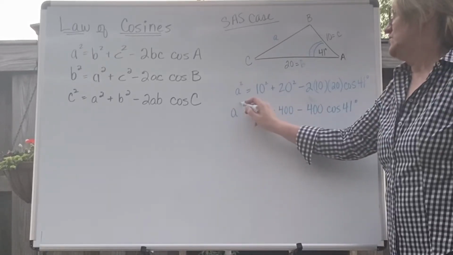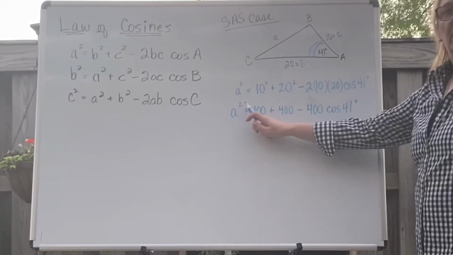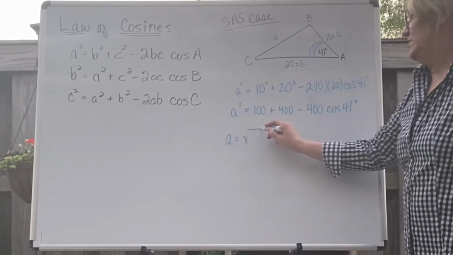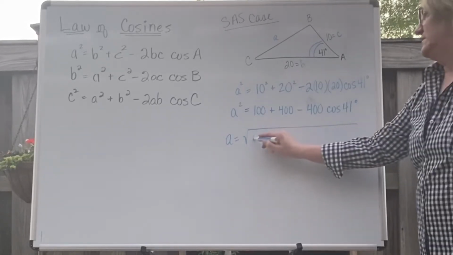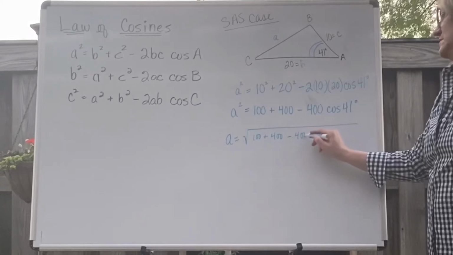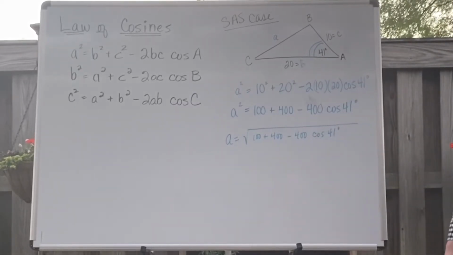Now this says a squared. So in order to solve for a, you have to get this square off. So you're going to have to take the square root of all of this. Okay?